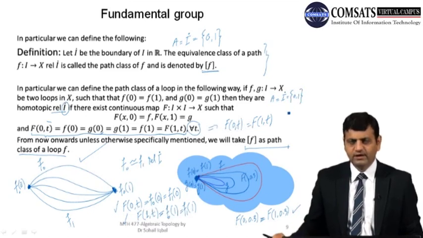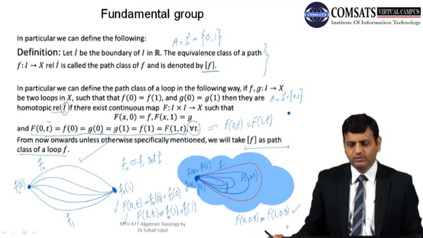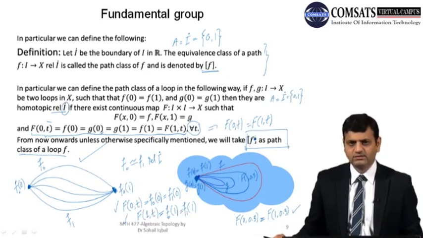Okay, so that's how we define that two loops are homotopic, relative homotopy. So this is going to be our notation. Whenever I write square bracket f, it means the path class of a loop and not the free homotopy class of loop f.